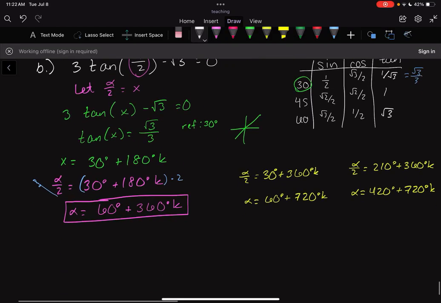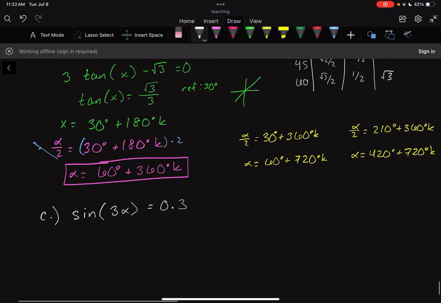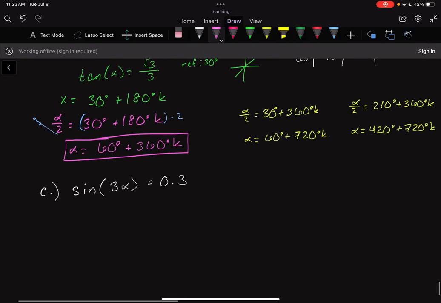So let's do C. This one is sine 3 alpha is equal to 0.3. I'm just taking this one from the homework. So here's how I would do this one. I would do the same thing we've done before. Let it be x.